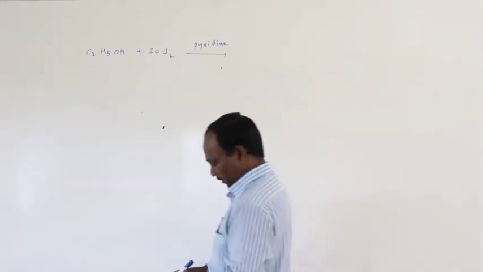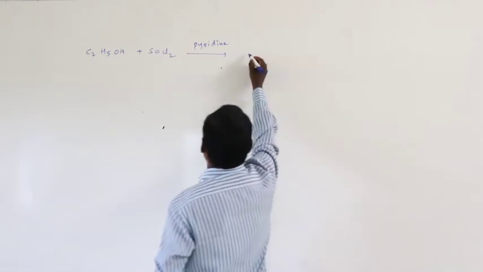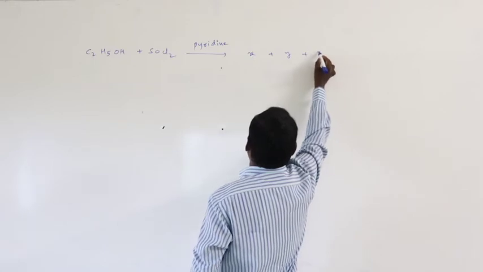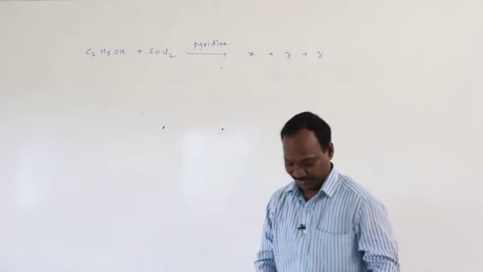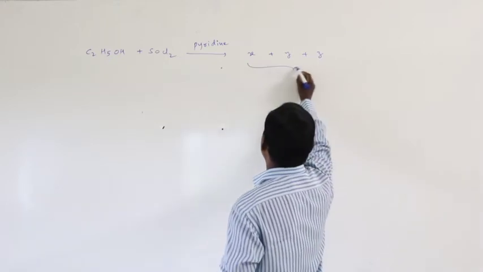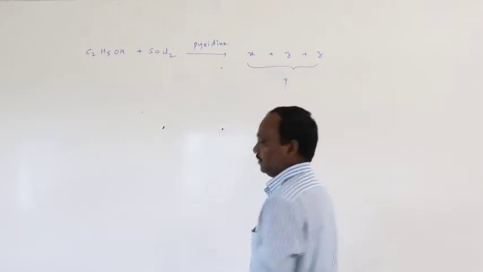In the presence of pyridine, here it is given by X plus Y plus Z. Okay, what are X, Y and Z compounds?